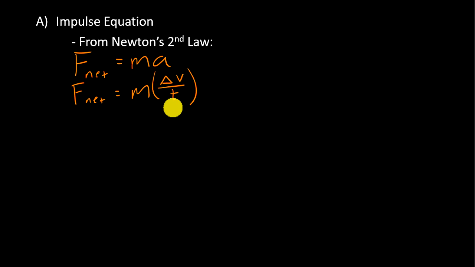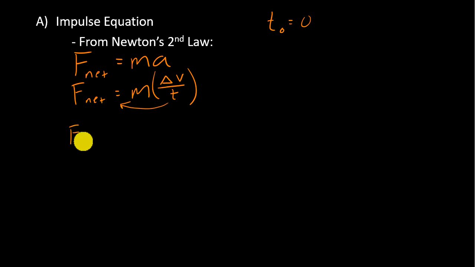Technically, it's delta t here, but remember, we'll always say that t naught is equal to 0, and that just makes our algebra a little neater, one less step. Well, I could swing this t over to the other side, because it's in the denominator there.